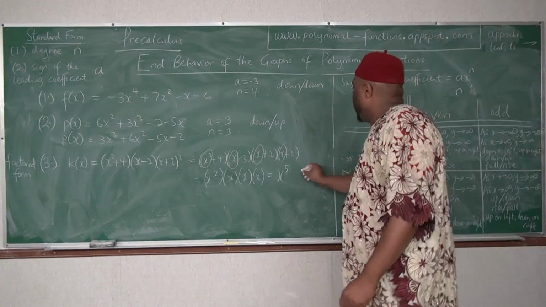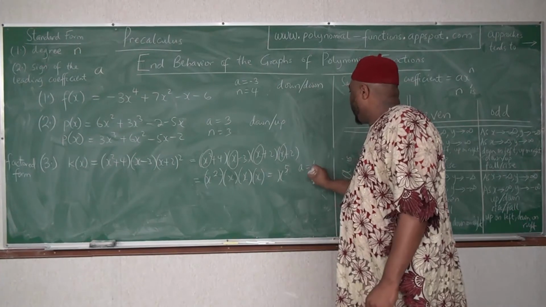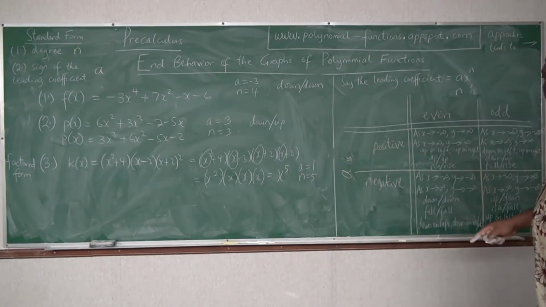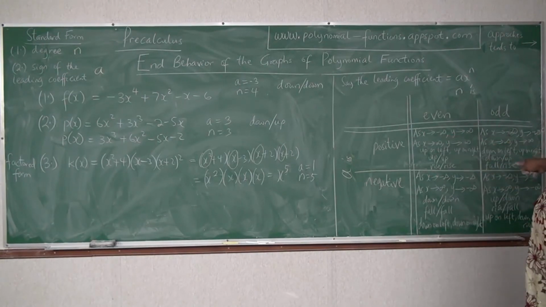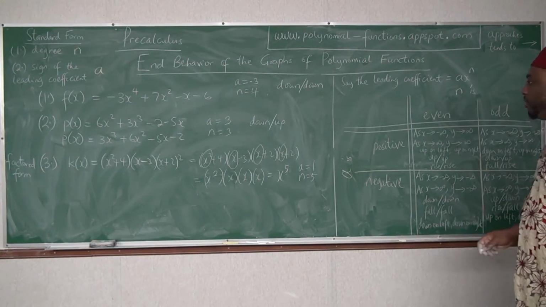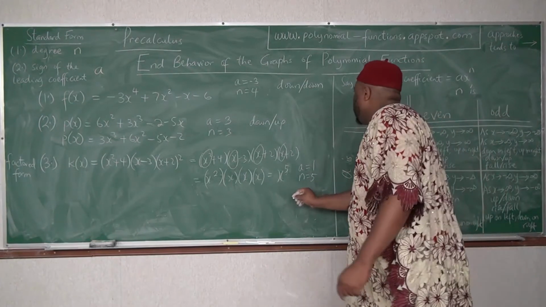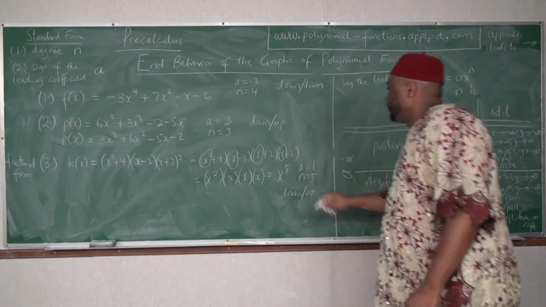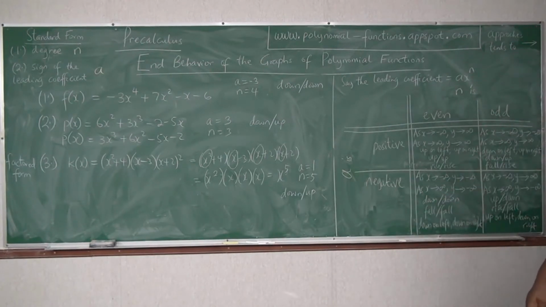Here a is 1 and n is 5, so positive odd, and that gives you what? Down, up. See that? Does it make sense?